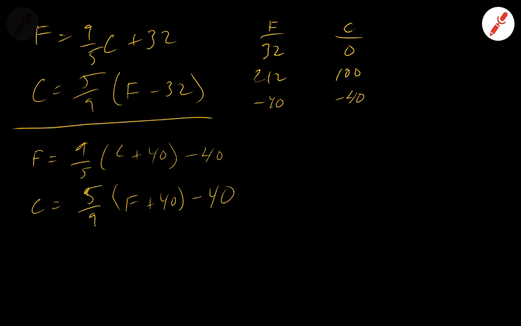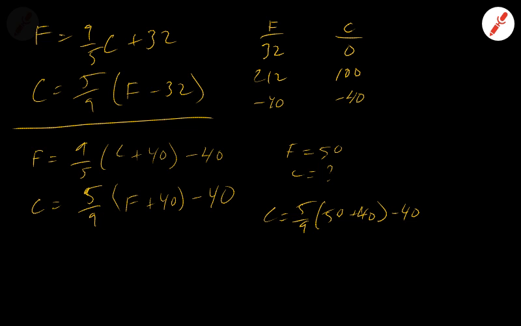As one example, let's say I want to know, let's say Fahrenheit 50 degrees, what is Celsius? All we would do is do 5/9 times 50 degrees plus 40 minus 40.